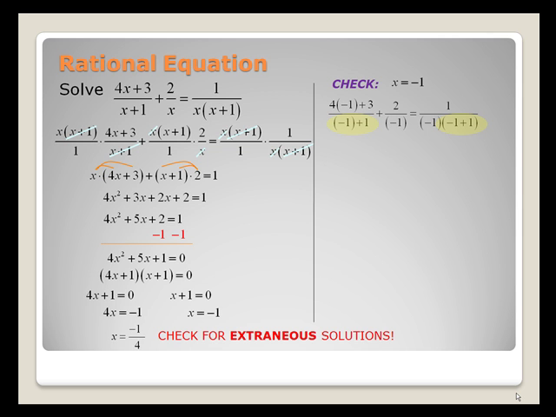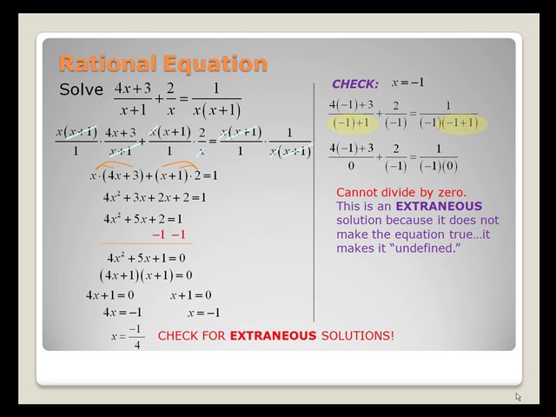In that denominator, negative 1 plus 1 gives me a 0. And you'll remember from previous math classes, you cannot divide by 0. So it turns out that x = -1 is an extraneous solution because it does not make the equation true, it makes it undefined because we have that 0 in the denominator. So negative 1 was an extraneous solution.